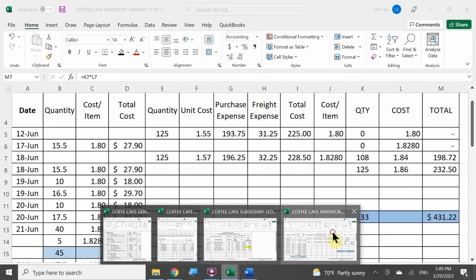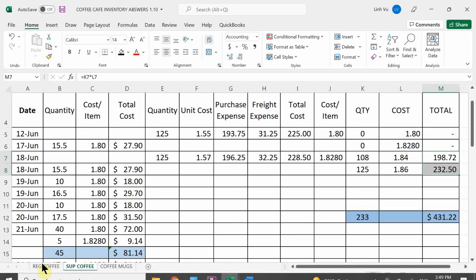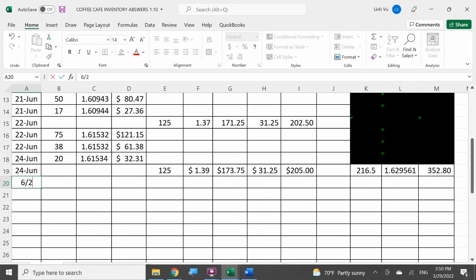Okay. So in this case, right, we sold 15 pounds of regular coffee and 10 pounds of Supreme. Okay. Regular coffee. It's the 24th. We sold 10. No, we sold 15.